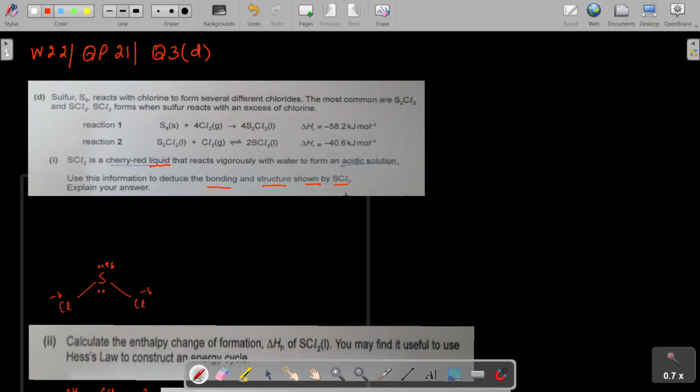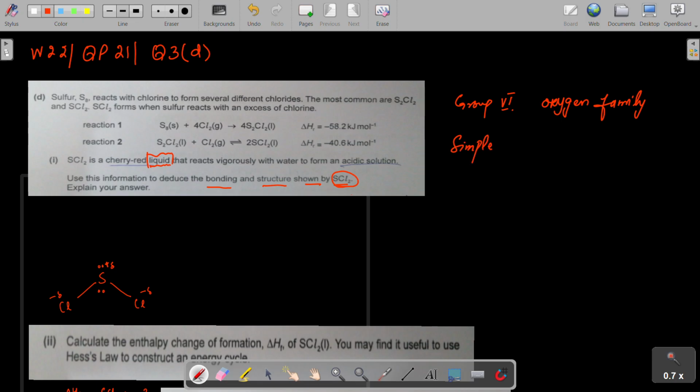So first of all, sulfur is in group 6. So that is definitely the oxygen family, right? Now this hint indicates that this molecule SCl2 must be a simple molecule.